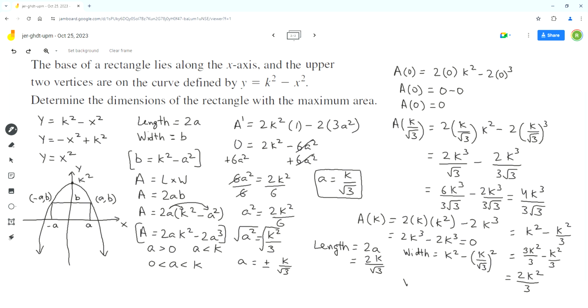So the width of the rectangle is 2k square over 3. So these are the dimensions that will maximize the area of this rectangle.